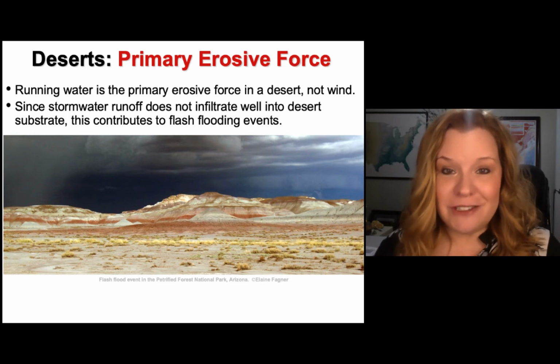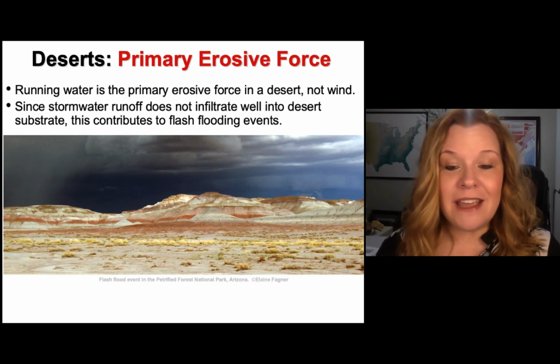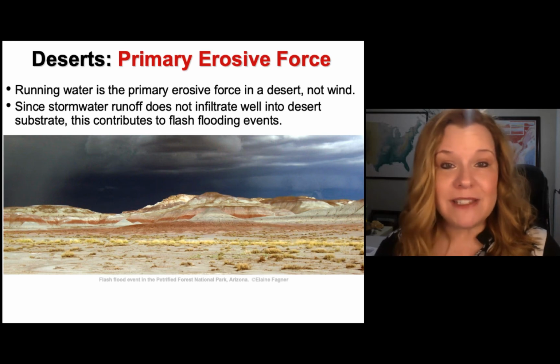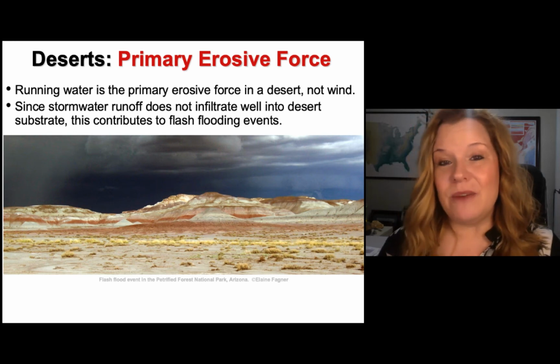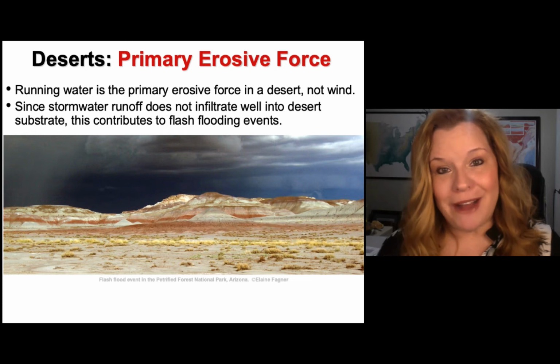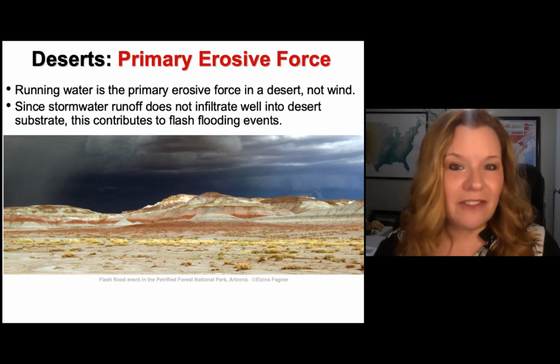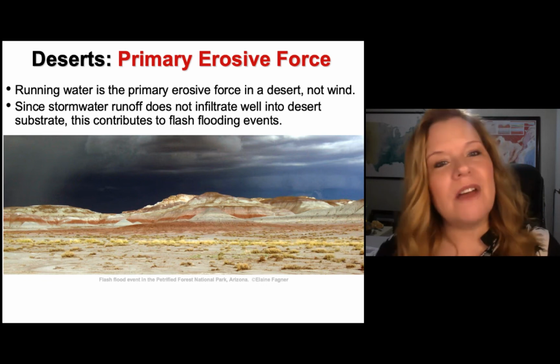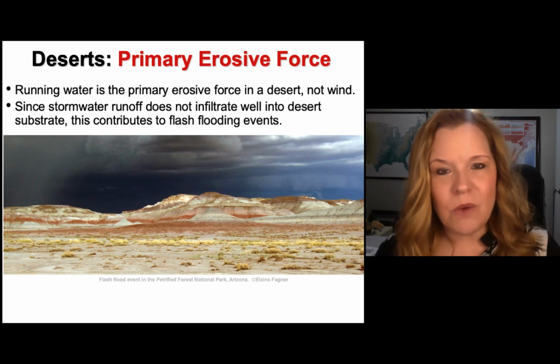So I have not adjusted this picture or done anything to the color. This is in the Petrified Forest in Arizona, another national park. And you can clearly see there is this massive storm in the background, one that had been following us on field course that entire day, and we kind of stayed about an hour and a half ahead of it. And then it gained strength, and it joined up with us in the Petrified Forest, enough for the tornado sirens to go off.